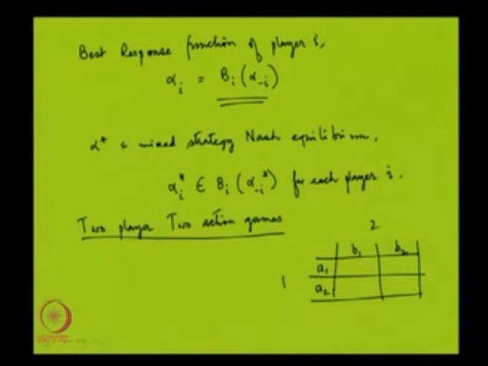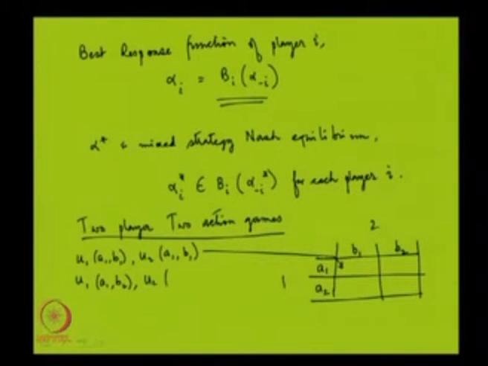Now, in this case, if the players are adopting mixed strategies and their payoff functions are the following, that U1 A1 B1, U2 A1 B1. So, this belongs to this cell. U1 A1 B2, so this is here.